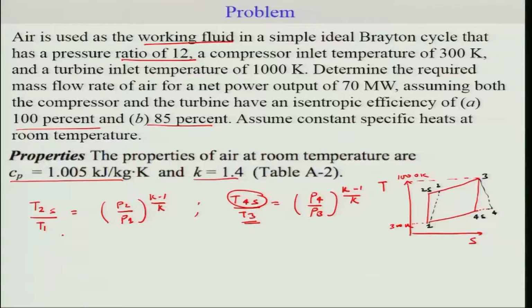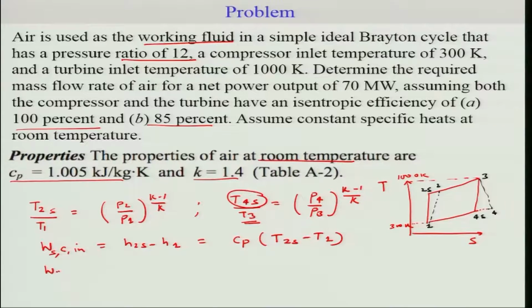Now what we need to find out is the W compressor for the isentropic condition. This is of course only the change in enthalpy, which is H2S minus H1, and this can be written in terms of Cp delta T. We are considering the cold air condition, so we are going to take the Cp value at room temperature.